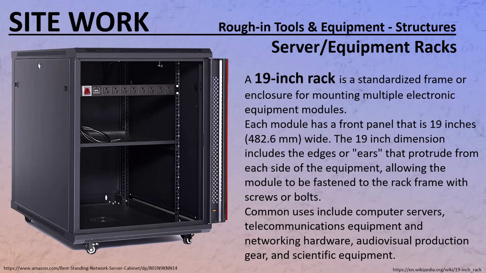Those rails are holding the equipment and being held by the equipment in place. So it's kind of like a catch-22, sort of, in a good way. But those mounting rails can be mounted into the racks, and there are different racks. There are floor-mounted racks, portable ones, like this one that is on wheels.